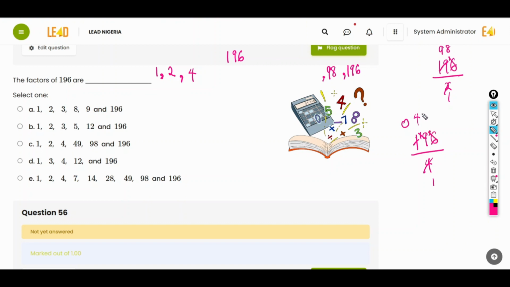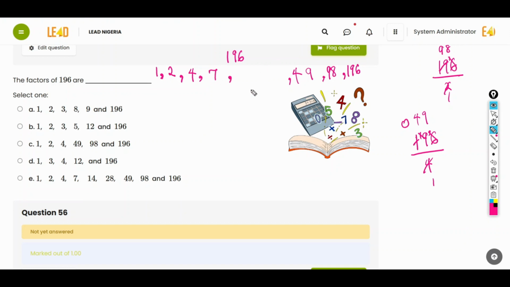Remainder 3. 4 in 36 is 9. Okay, good. So we have 4 and 49. All right. And if 49 is a factor, then we know 7 has to also be a factor, right? So we can use 7. 5 is not a factor, obviously. 6 is not a factor also, from the divisibility rules for 5 and 6, we know that they are not factors.